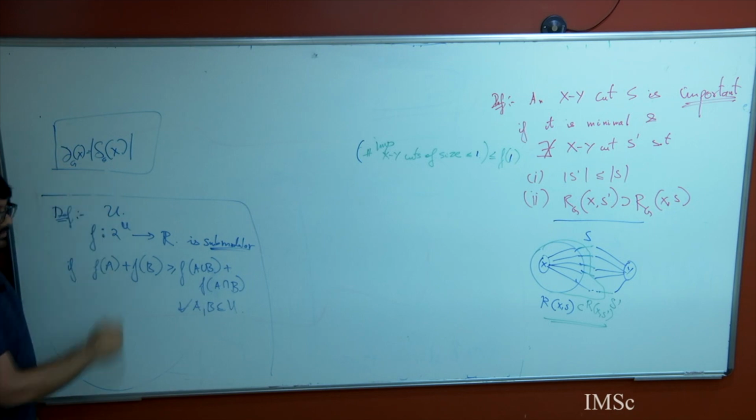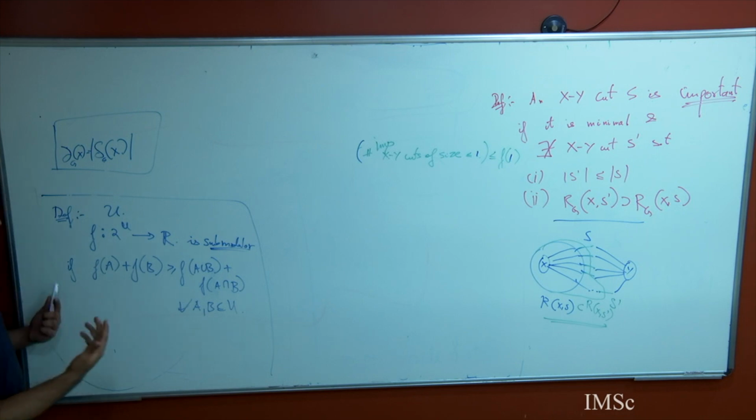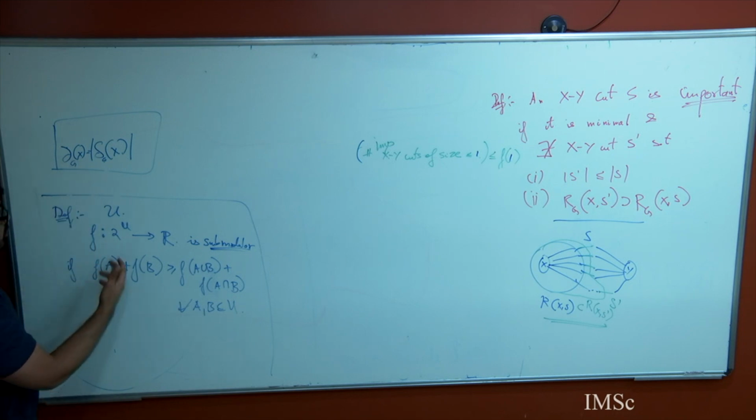Now this is a function. In this case, my U is my entire vertex set. Dou is now a function mapping vertex sets to natural numbers, which is defined in this particular way. And as it turns out, this pretty natural and well studied function is submodular.